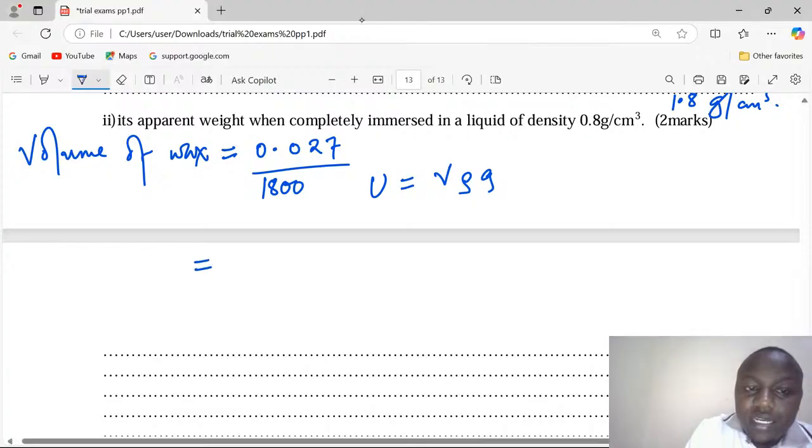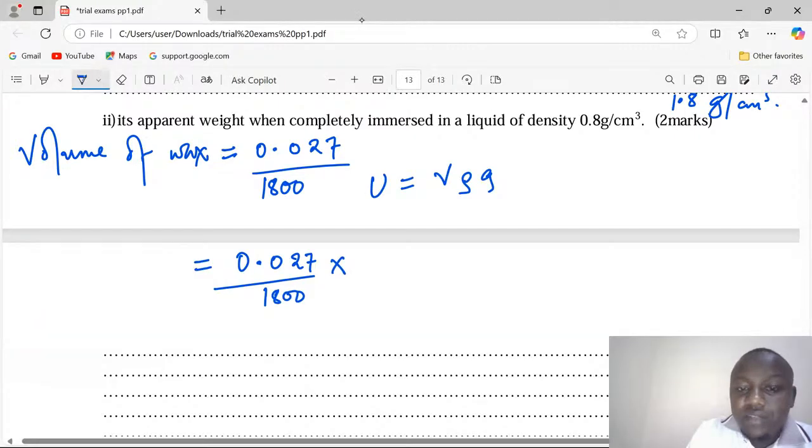So we are saying volume multiplied by density times G, 10.